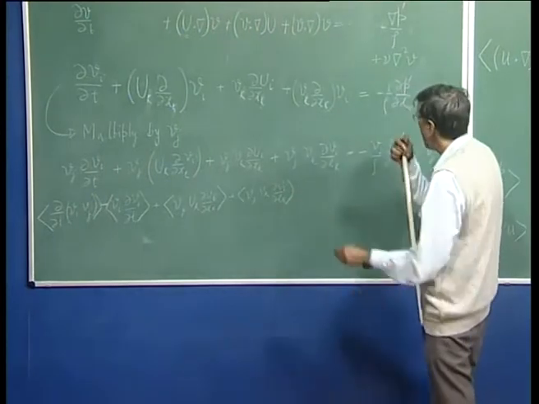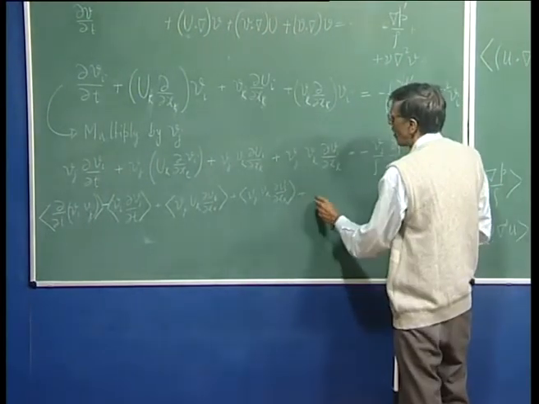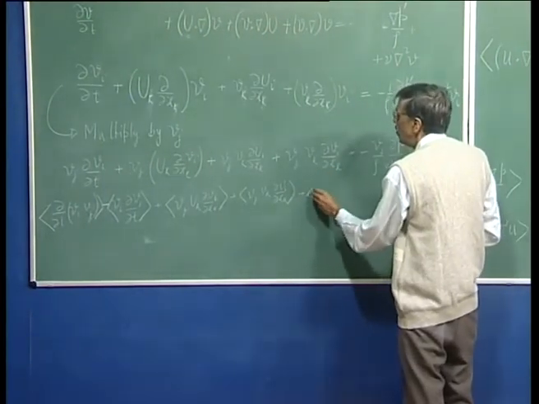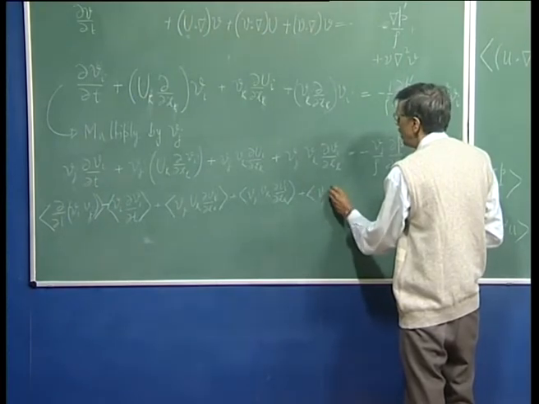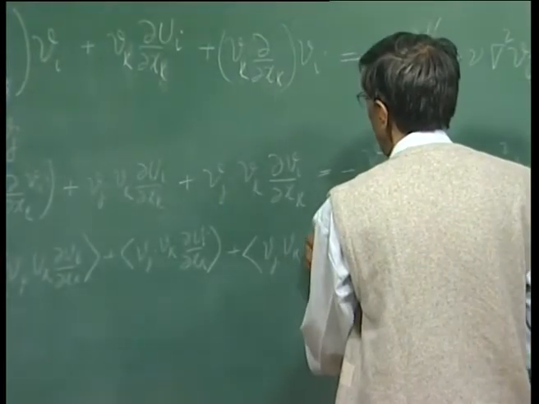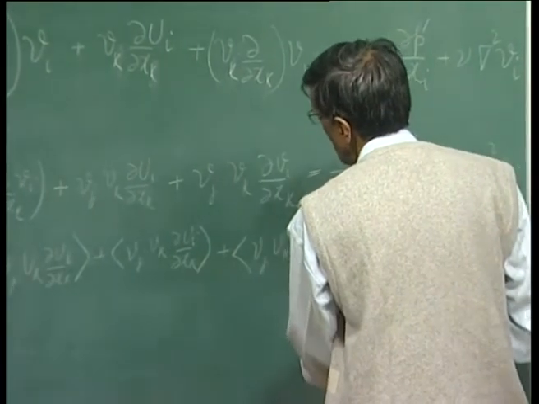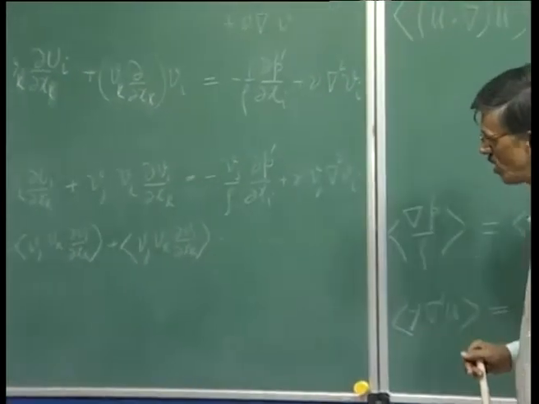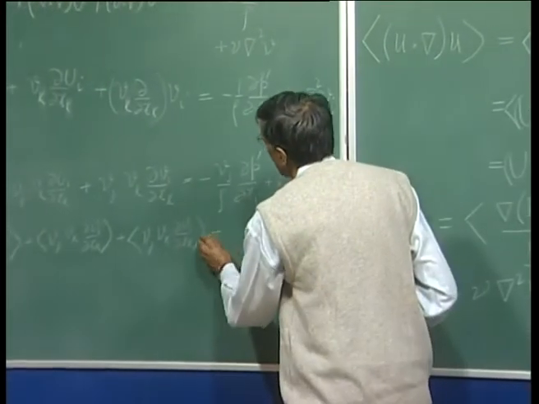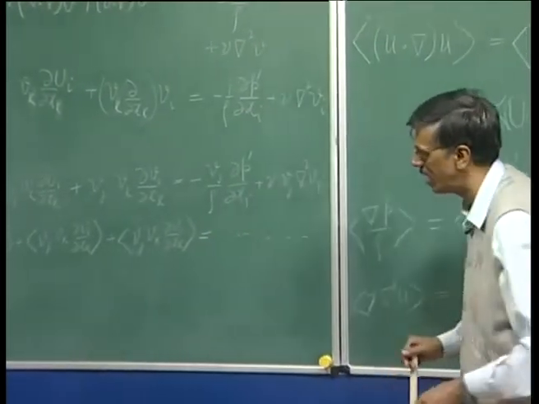But look at this term. Here we have Vj Vk del Vi del xk. So, I will have those other terms written on the right hand side.